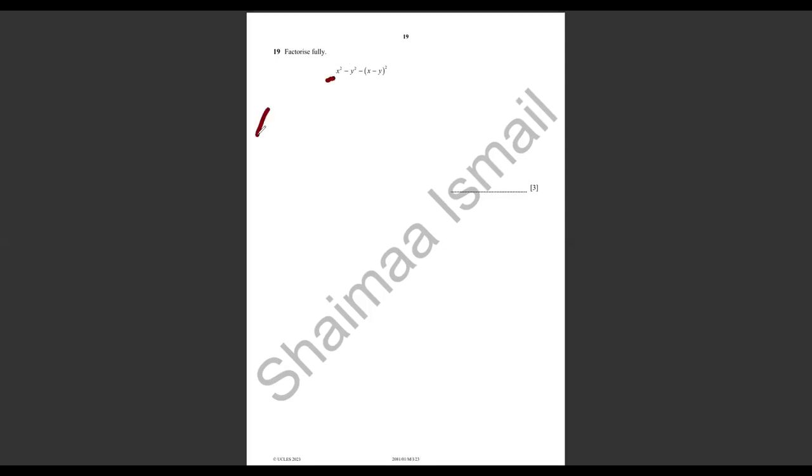We need to factorize. Okay, let's expand first before we factorize. So let's do this. So that is x squared minus y squared, and keep the minus outside the bracket. Okay, let's open a bracket like this. And say here x squared minus 2xy plus y squared.